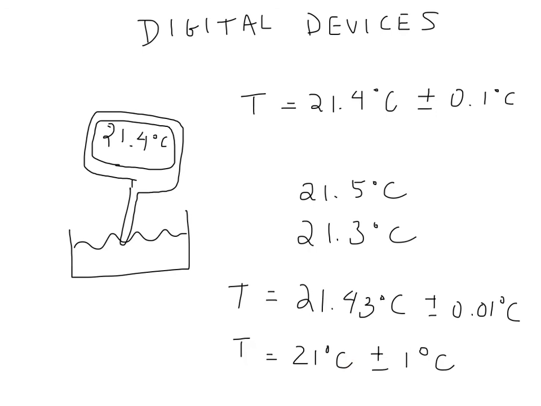So we can see that the precision of our measuring device, which is simply to say the number of decimal places that our measuring device reads off, is what determines the absolute uncertainty in measurements taken with that device. And this is the rule for digital devices. It's different from the rule for analog devices.